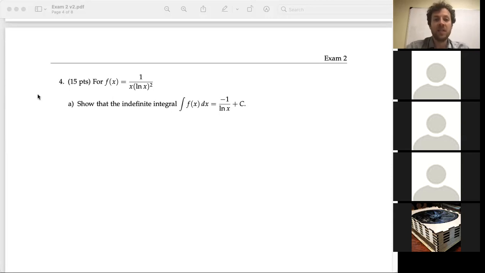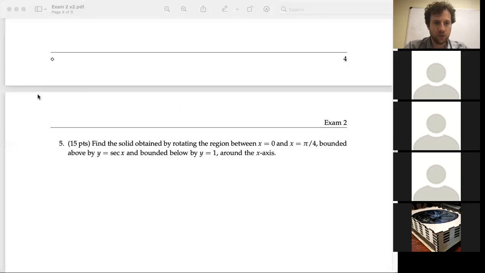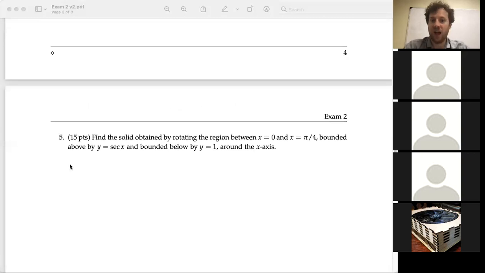Some of them might be, I guess in this case, set up the integral, don't worry about evaluating it. So some of those kinds of problems where it's not the entire problem, but just really the new part. So there's 5 is the last one, actually.